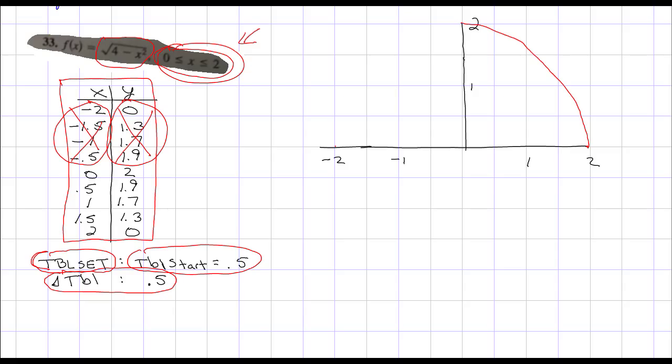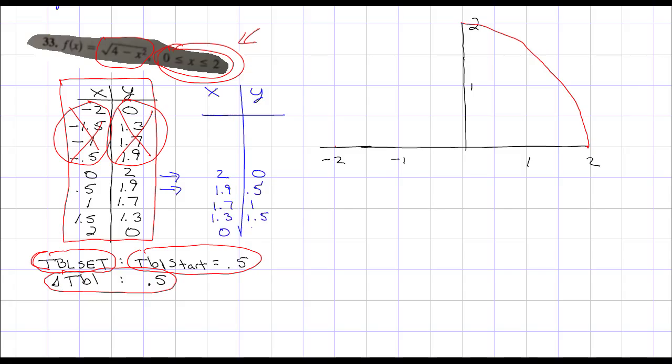Now if I interchange the values, let me do this in blue. I'm going to graph these before I get around to solving the inverse. So 0, 2 becomes 2, 0. 0.5, 1.9 becomes 1.9, 0.5. 1.7, 1 becomes 1, 1.7. 1.3, 1.5 becomes 1.5, 1.3. And 0, 2.